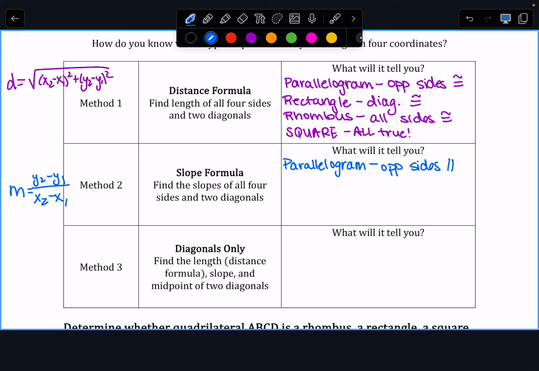Okay? Now, if it's a rectangle, and we're talking about slopes, what are we going to look for? Micah? Yep. Yes, our consecutive sides need to be perpendicular because a rectangle has 90-degree angles.